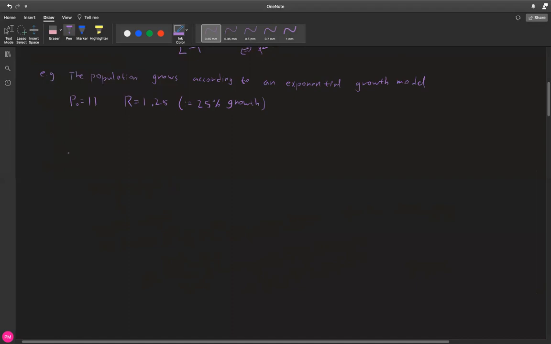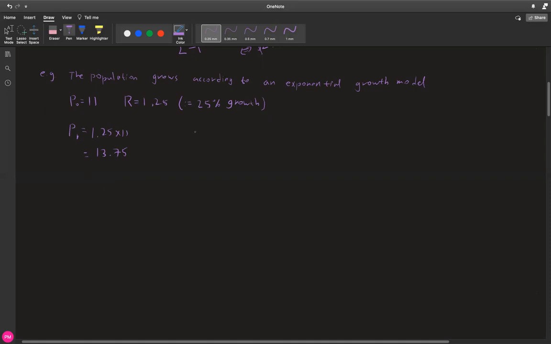Let's first find the population after one generation. After one generation, we will have 13.75. And you can simply multiply by 1.25 for each generation to find the next generation.